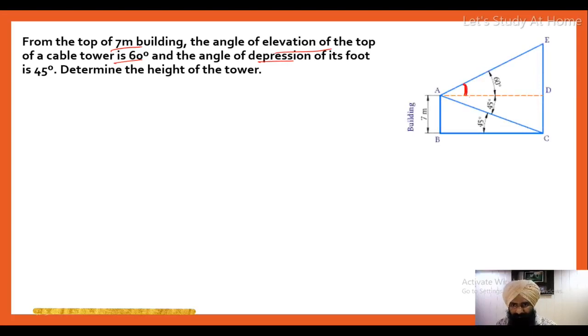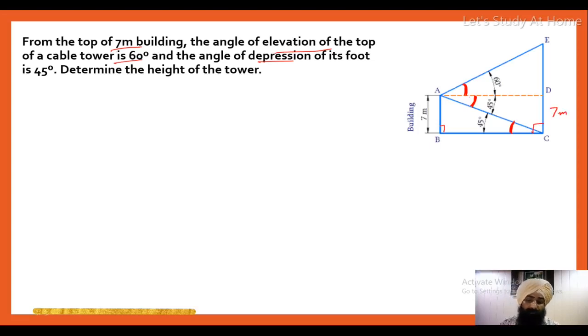This is 60 degree and 7 meter is the height of the building. Okay, this is the angle of depression. Angle of depression is 45 degree. We know that alternate interior angles are always equal. And this is a rectangle. If this is 7 meter, this is also 7 meter. Why?